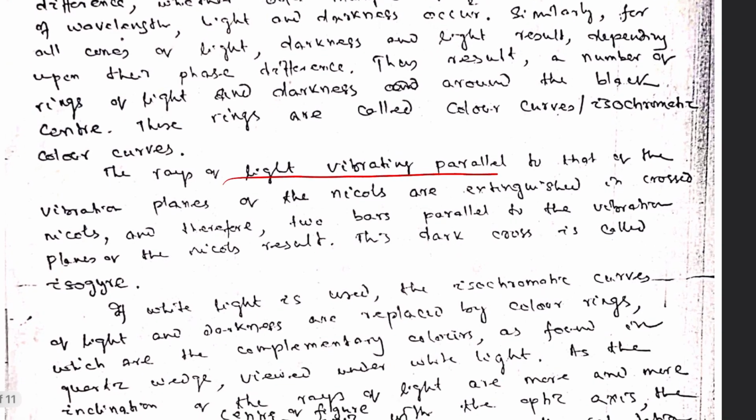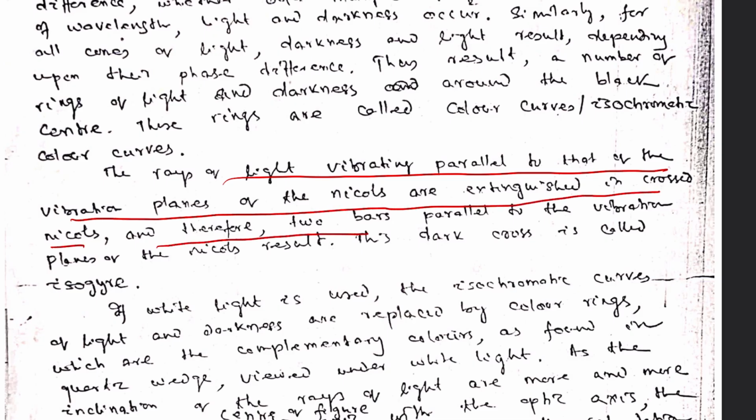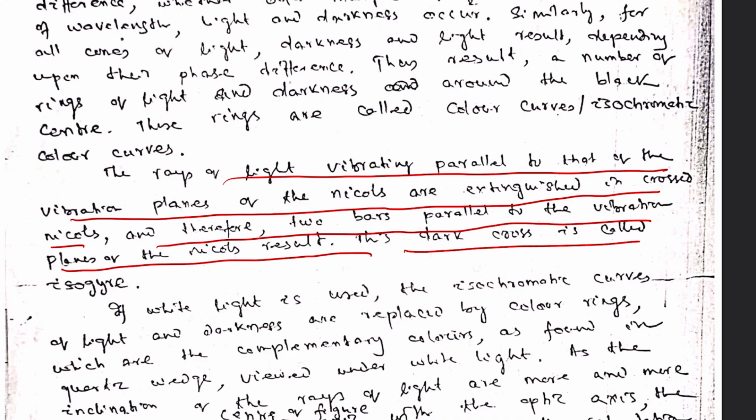The rays of light vibrating parallel to the vibration planes of the nicols are extinguished in crossed nicols, and therefore two bars parallel to the vibration planes of the nicols result. This dark cross is called the isogyre. We know the position of the analyzer vibration direction and the polarizer vibration direction, which appears as a cross.